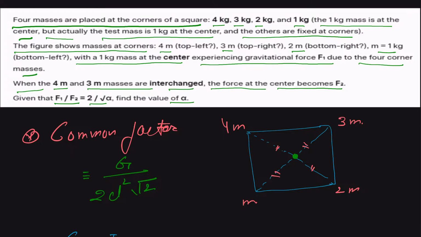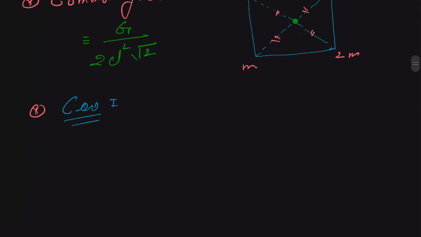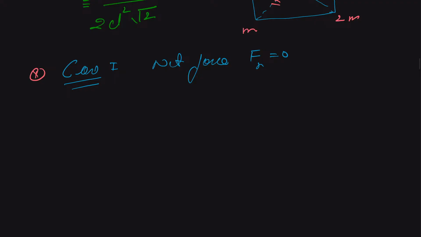For case number 1 we can say that our net force in our x direction will be equal to 0, and similarly we can write that the net force in our y direction will be only proportional to our 4 plus 3 minus 2 and minus 1, and that will be equal to 4.